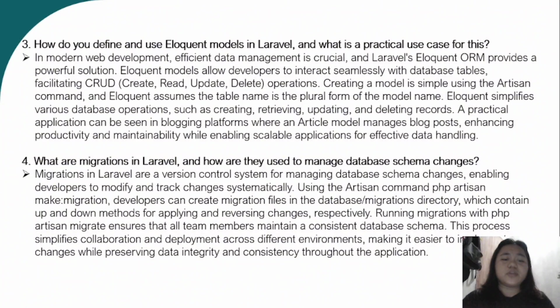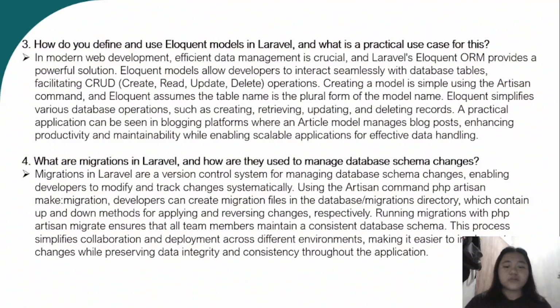What are migrations in Laravel, and how are they used to manage database schema changes? Migrations in Laravel are the version control system for managing database schema changes, enabling developers to modify and track changes systematically using the artisan command php artisan make:migration.